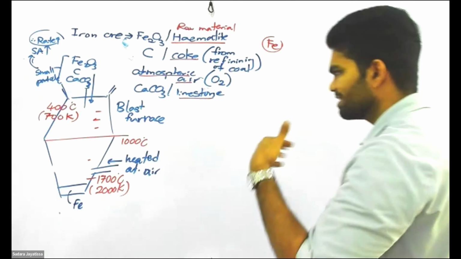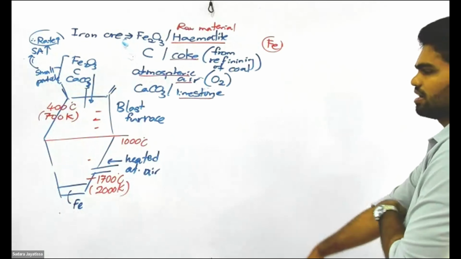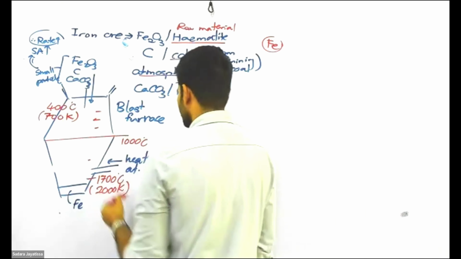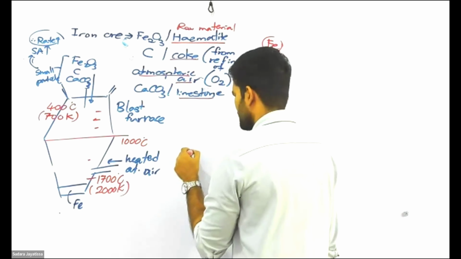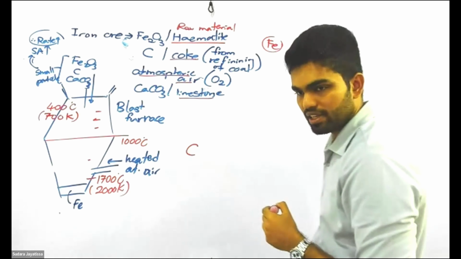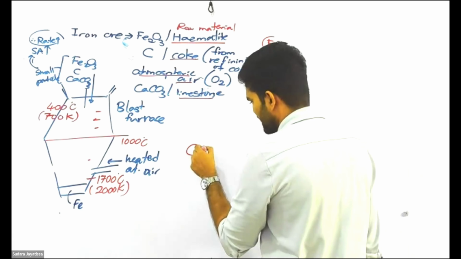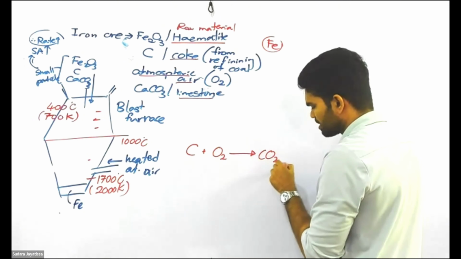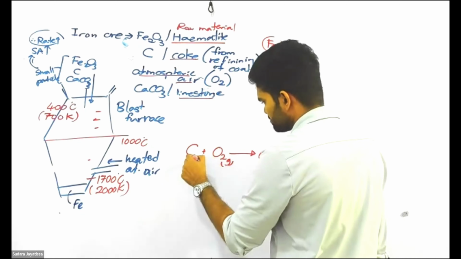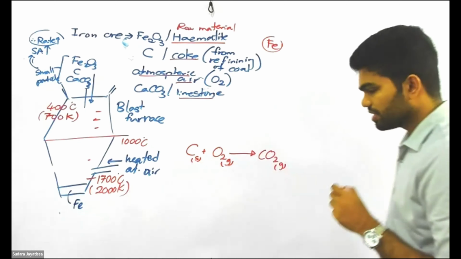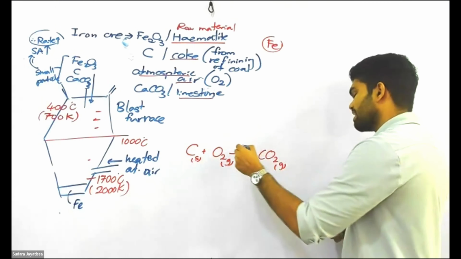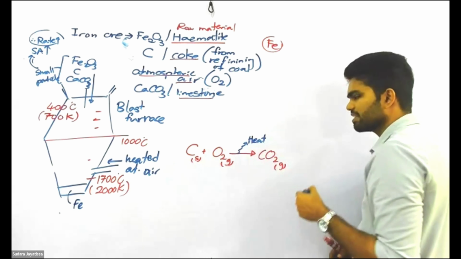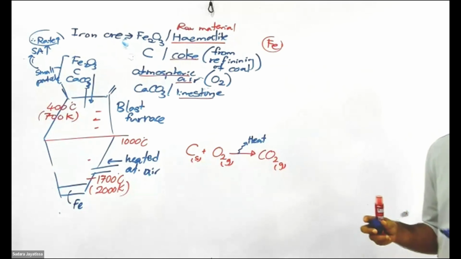So when we add these solid raw materials, one of them, exactly coke, comes to the bottom. This coke reacts with oxygen and forms carbon dioxide. This is a highly exothermic reaction and it releases a huge amount of heat.